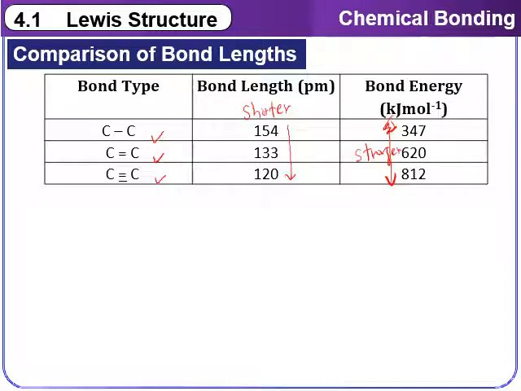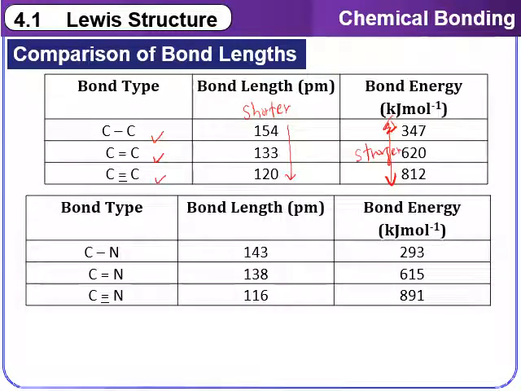Another example group is the bond between carbon and nitrogen. No matter single, double or triple, the values are different, but the trend compared to the carbon-carbon bond is the same. The triple bond has the shortest bond length, and the bond energy for the carbon-nitrogen triple bond is the strongest.